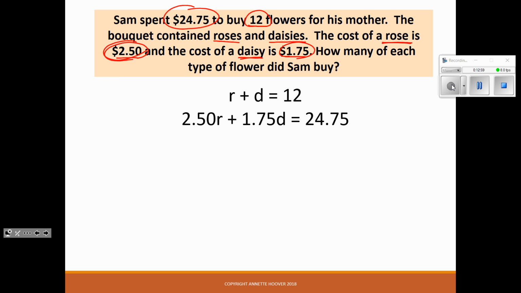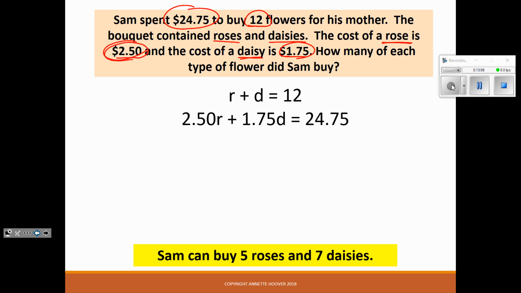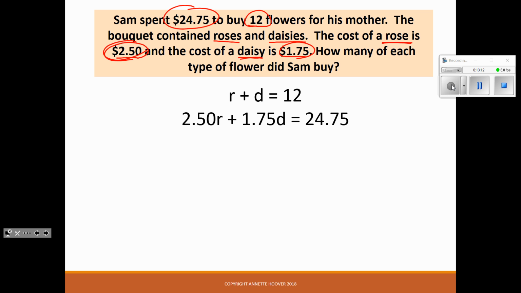Now, to create opposite coefficients, I can either do a negative 2.50 or I can do a negative 1.75 for each of the 3 terms. So let's see, I think I'll do the negative $2.50 times each term here to create my opposite coefficients. So that would be a negative 2.50 for the roses, a negative 2.50 for the daisies, and then 12 times $2.50 is $30.